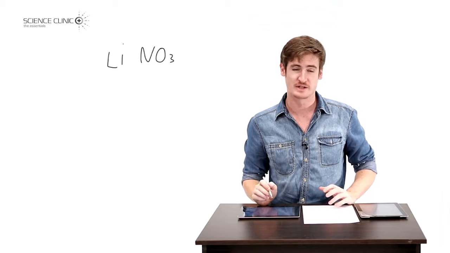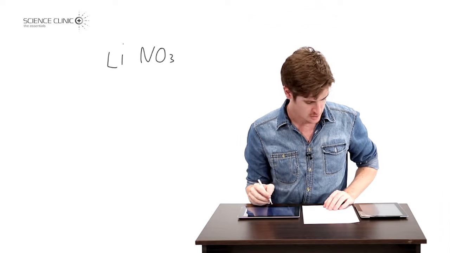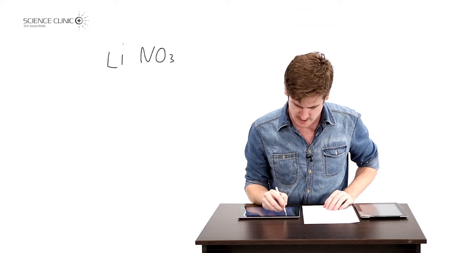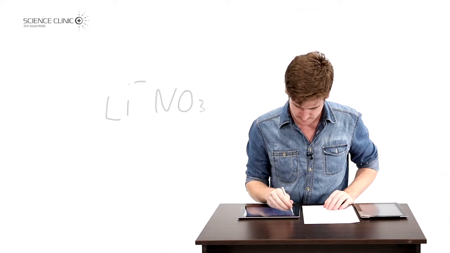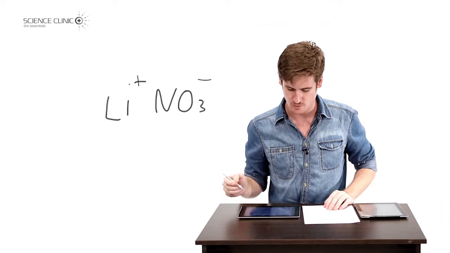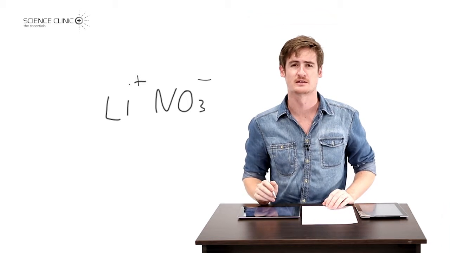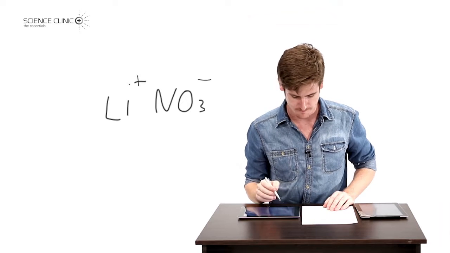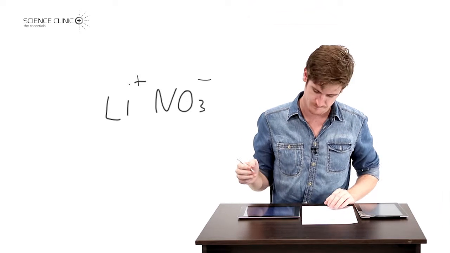Now, to put those together, we need to make sure they're in the right ratio. If we look at our periodic table, we can see that lithium has an oxidation number of +1, and nitrate has -1. So we can put them just together in a 1-to-1 ratio like that.